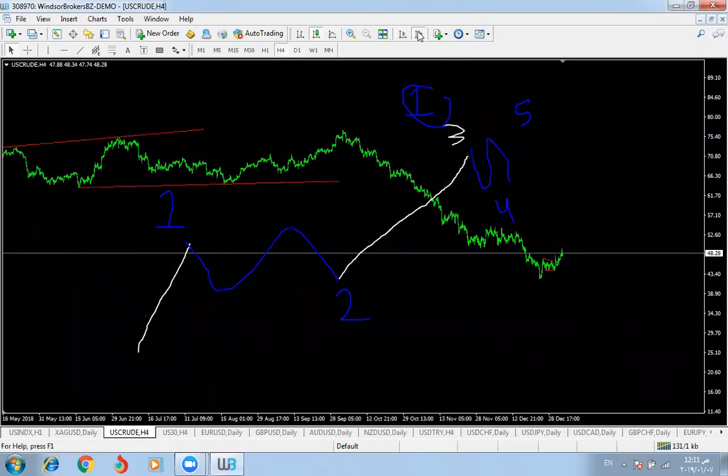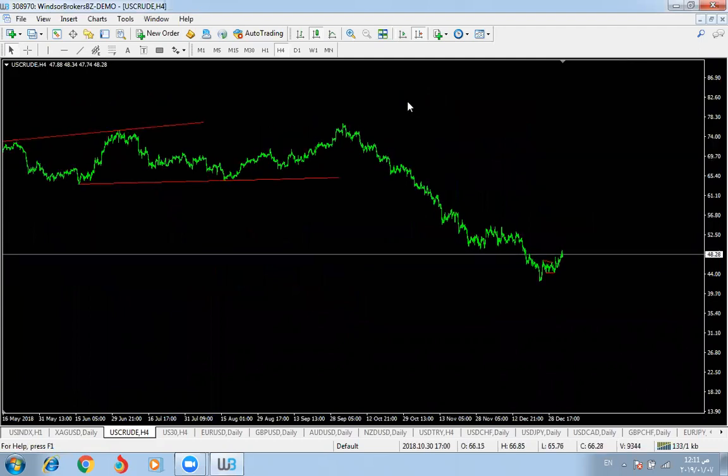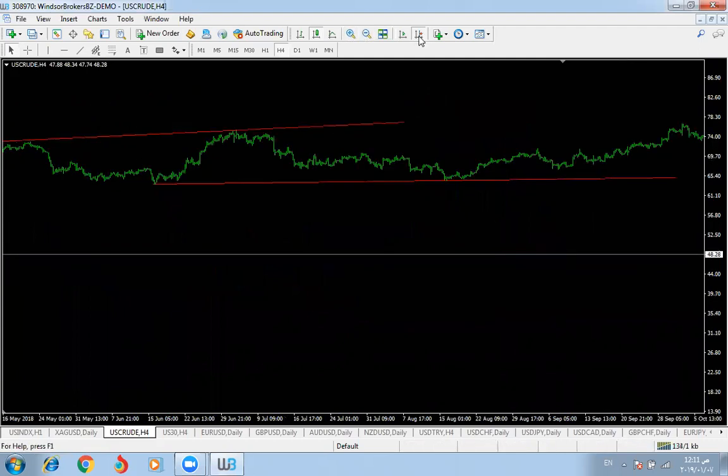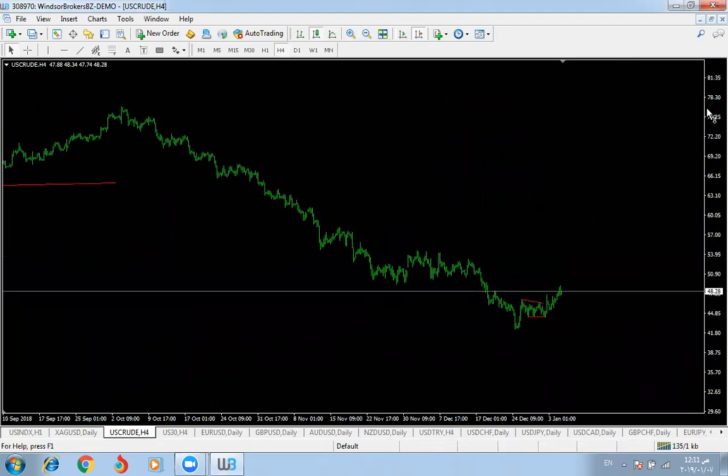We can go to 4-hour time frames. The price has moved in the form of ABC. Of course, we cannot count this swing as 5 waves. This is counted as an ABC.